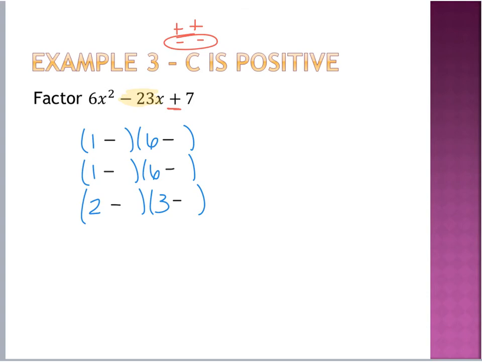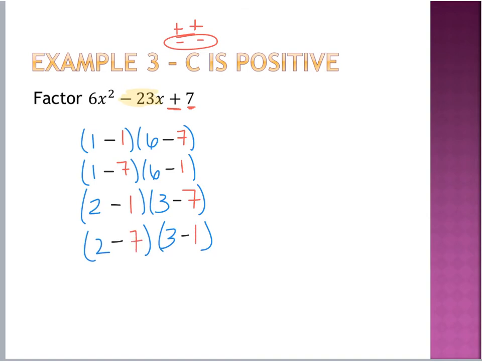And then for my 7 here, factors of 7 are going to be 1 and 7 or 7 and 1. And then I have 1 and 7, and I didn't finish this. So here's 2 and 3. We're subtracting. And then I also have my 7 and 1 here.